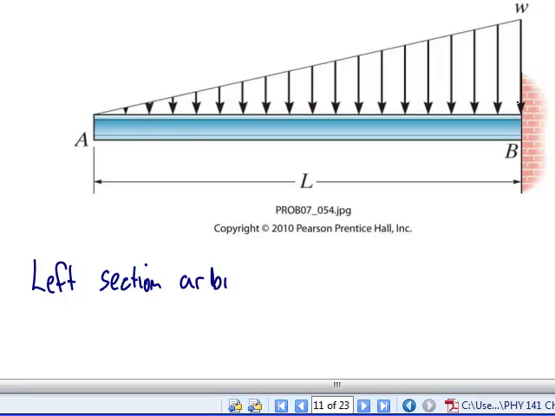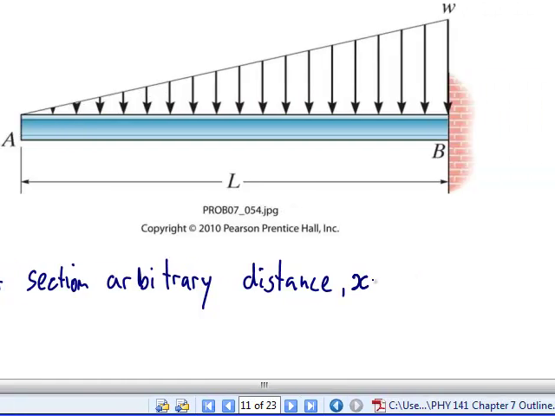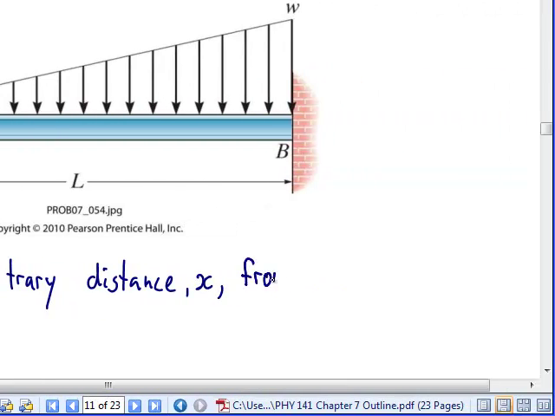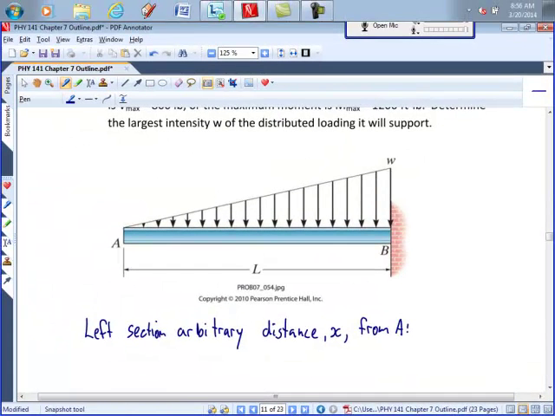And because the loading doesn't change along the beam, it's going to be one continuous function. So my section is going to look like that.